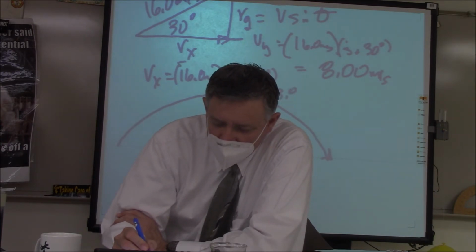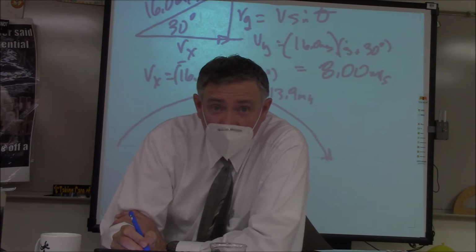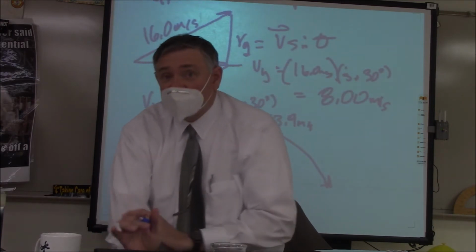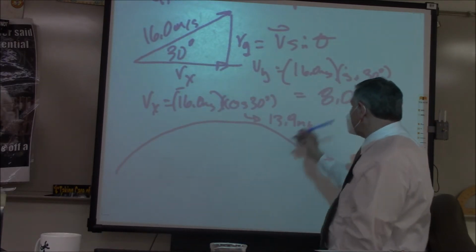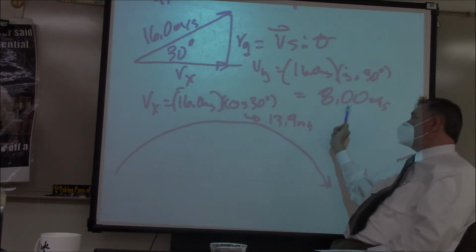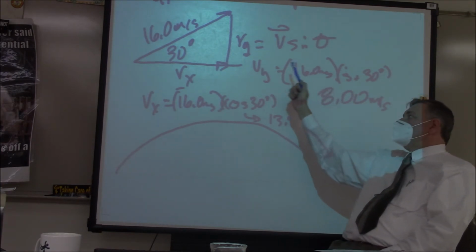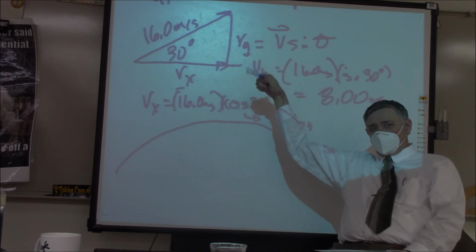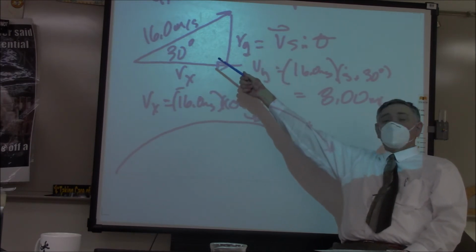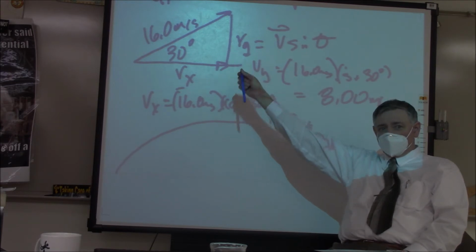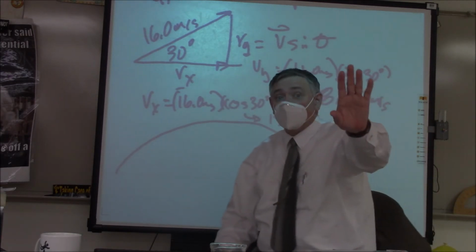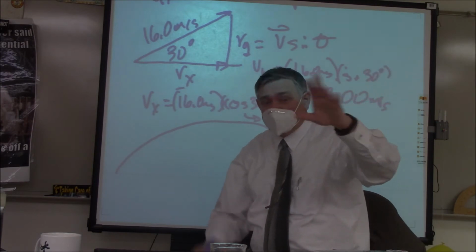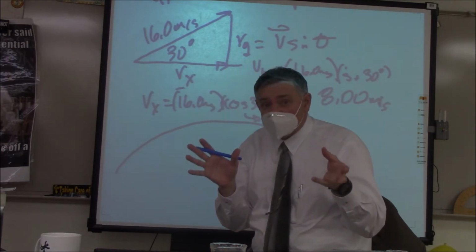Did you even need to do that? Because you knew both sides, you could have done 8 squared plus b squared equals 16 squared. I could have, but if this answer is wrong, then that answer was going to be wrong. That's why I wanted to use trig functions, because that's just going off that 16 meters per second. You could, but then you're rolling the dice. I just work off of my known values, that's all.